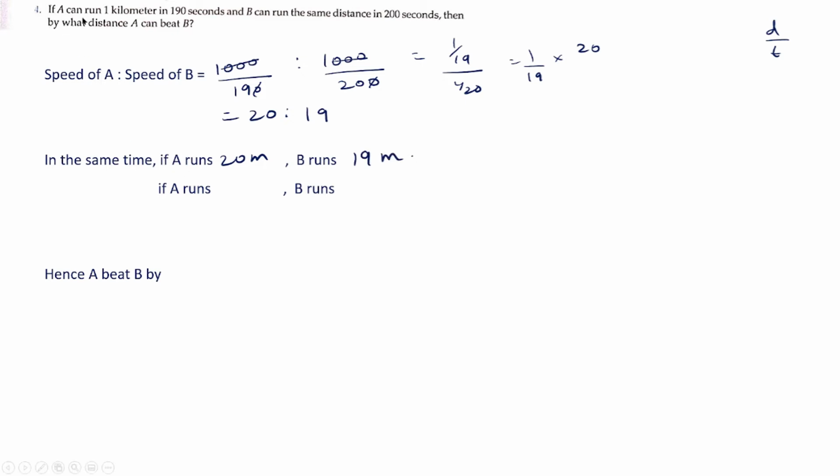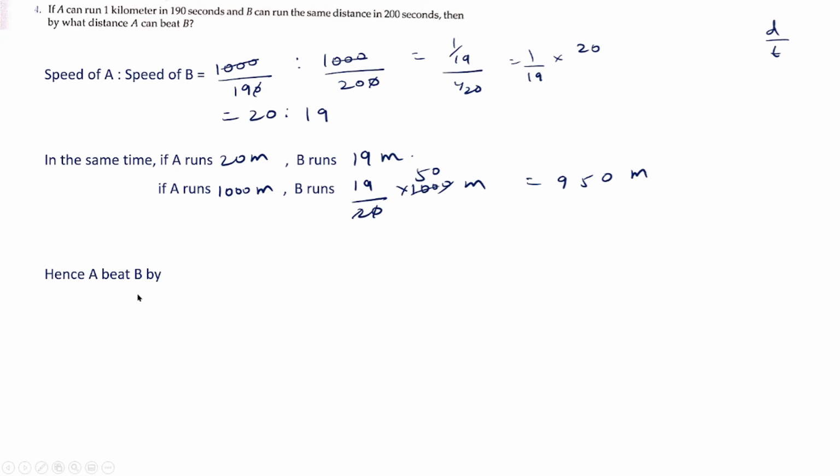We are asked to find for 1 kilometer distance. So if A runs 1000 meters, B runs 19 by 20 into 1000 meters. So if A runs 1000 meters, B runs 950 meters.